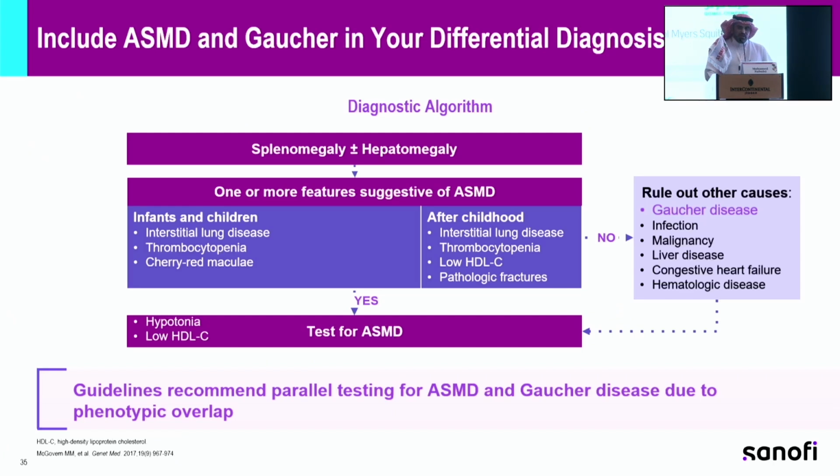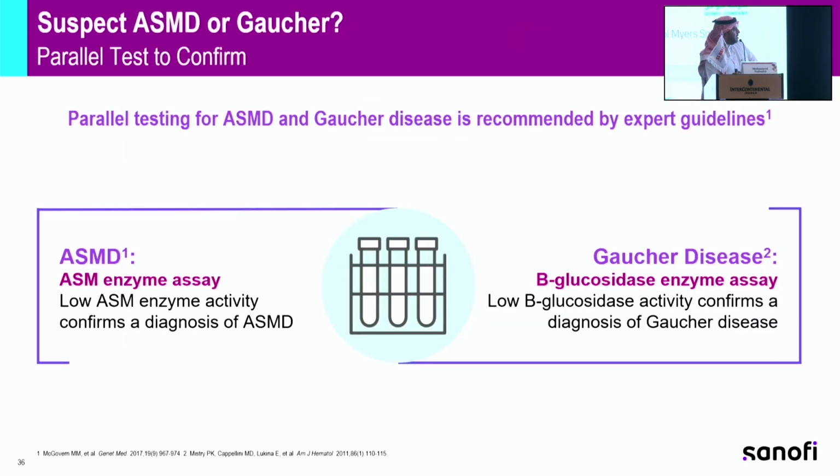If you have a patient with splenomegaly and hepatomegaly, first, with features suggestive of ASMD, such as interstitial lung disease, thrombocytopenia, low HDL, pathological fracture, test for ASMD. If not, test for Gaucher disease. Even if Gaucher disease and other causes are negative, test again for ASMD to rule it out.